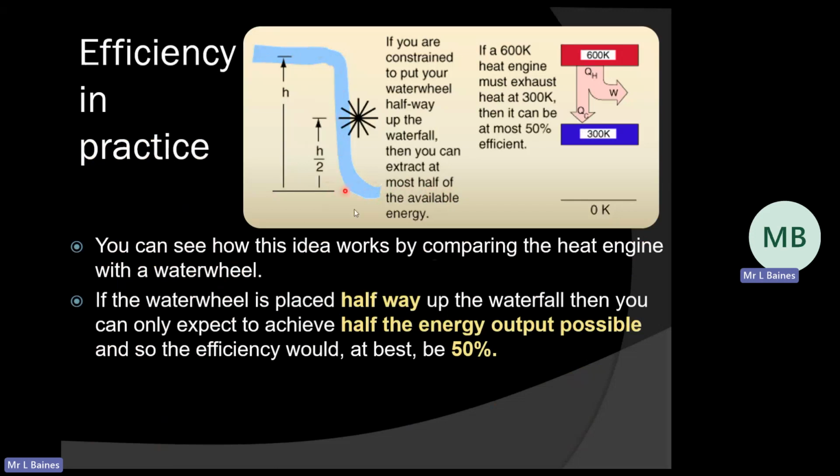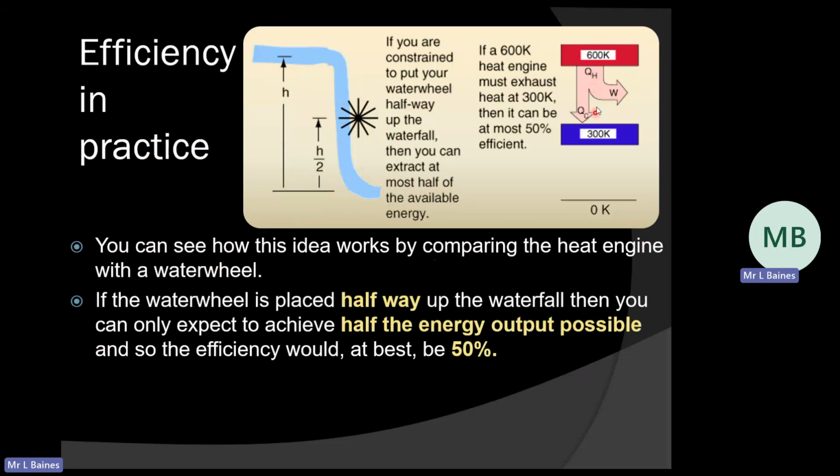As it comes over, it's going to fall and get through to the bottom. If I put my engine halfway up the waterfall, my efficiency is only ever going to be 50%, because I'm only ever going to be able to harness 50% of that energy, because it's still got the rest of that gravitational potential energy to come down.